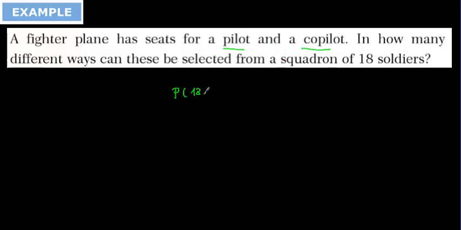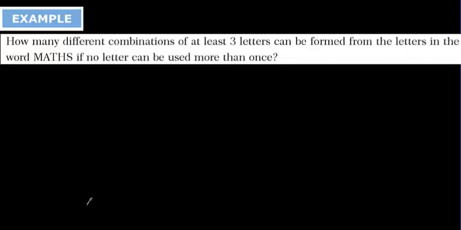If there are totally 18 pilots and we select 2 of them, this is equal to 18 factorial over 18 minus 2 factorial, which is 18 factorial over 16 factorial. I'm not going to solve the question because it is similar to the previous one.